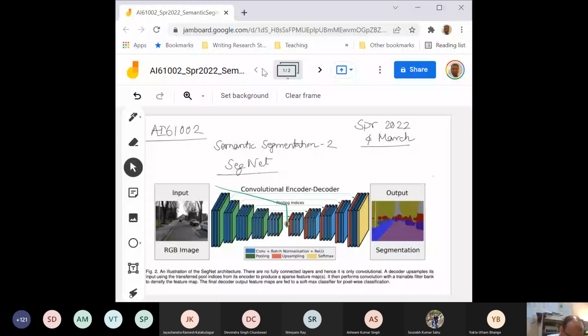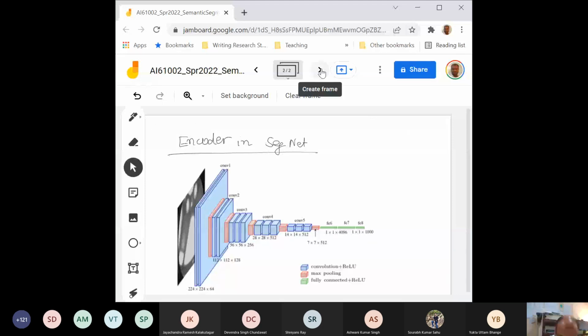If you carefully look, an encoder does not have these fully connected layers, and also this max pooling which comes from above. So this part of VGG16 is not used. Encoder in SegNet is based on VGG16.